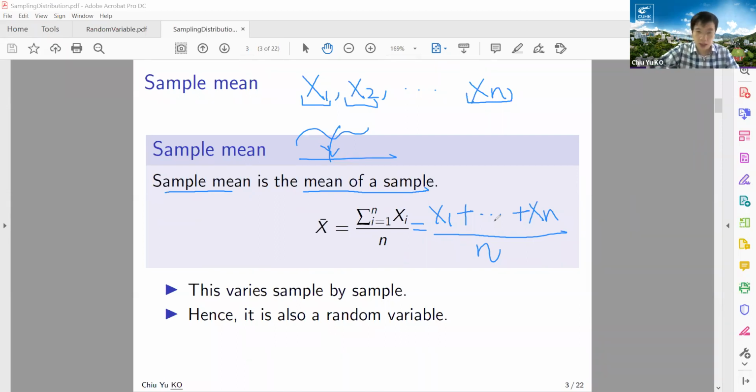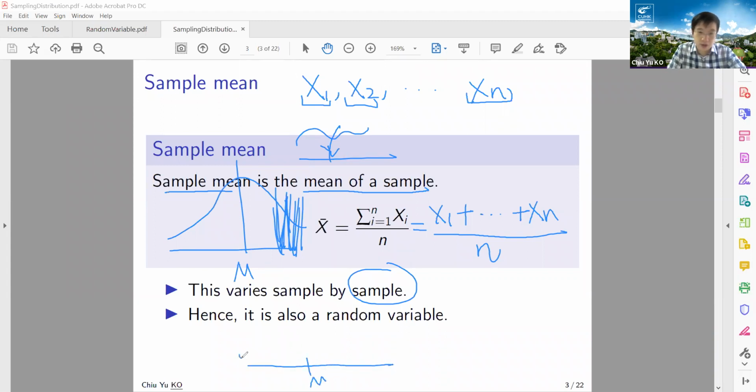And the sample mean really depends on what you draw. Suppose this is normal, and suppose you draw here. Then the sample mean can be very large, different from the true mean itself. And suppose you draw something very negative, it will be below the mean. It depends on what we draw.